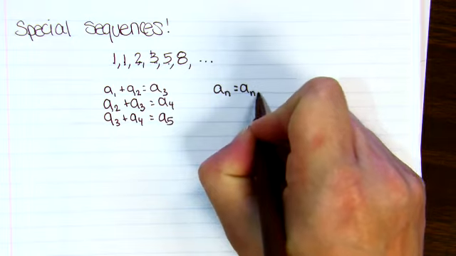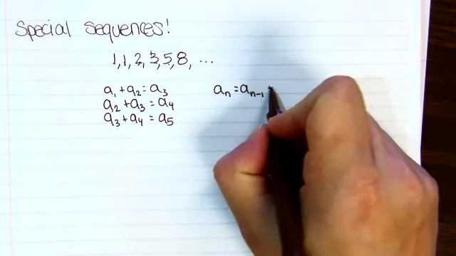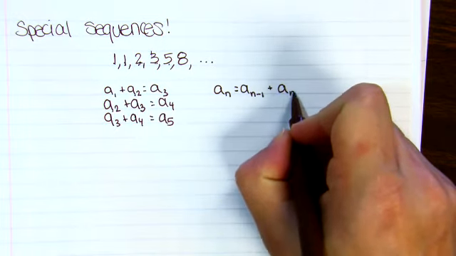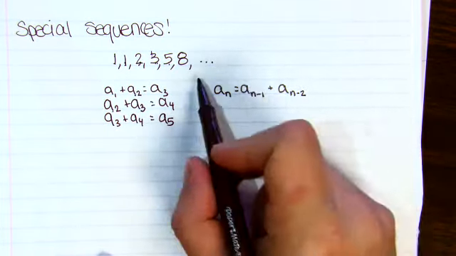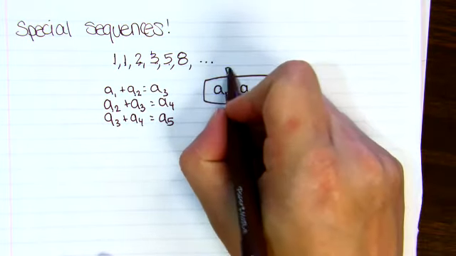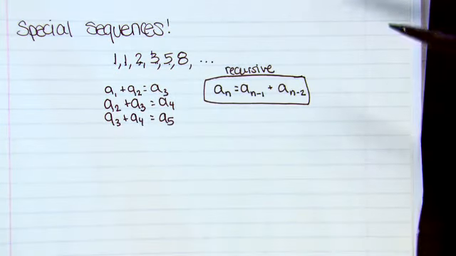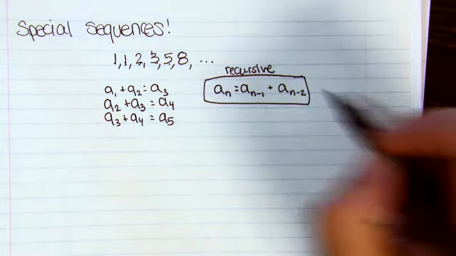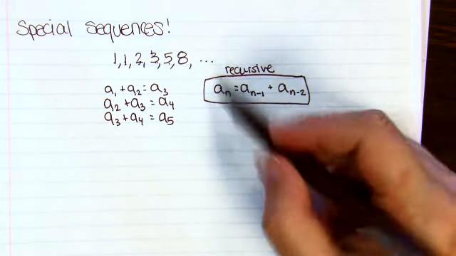So the term before is a sub n minus 1. The term before that is a sub n minus 2. And this is how I would write the recursive equation for the Fibonacci sequence. So this one's pretty tricky. You just might have to fool around a little bit with the numbers and see if you can figure out your recursive function.